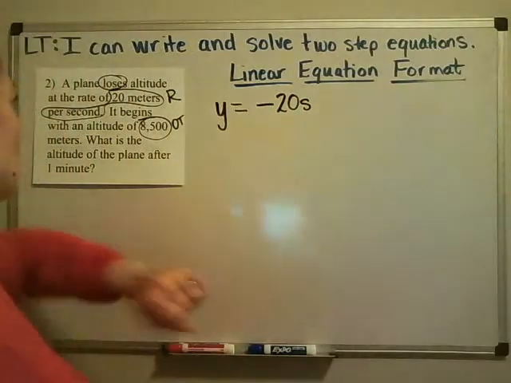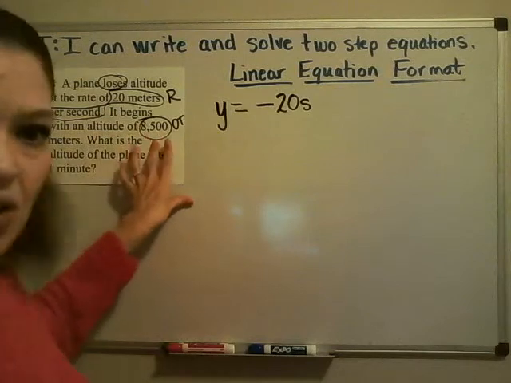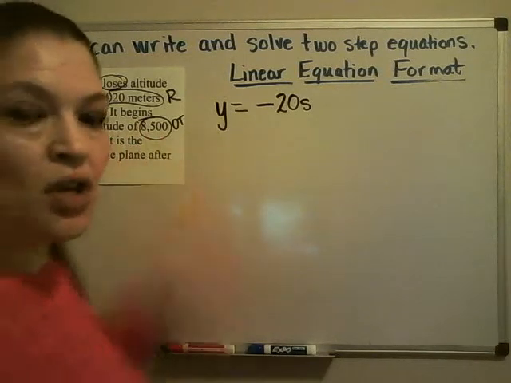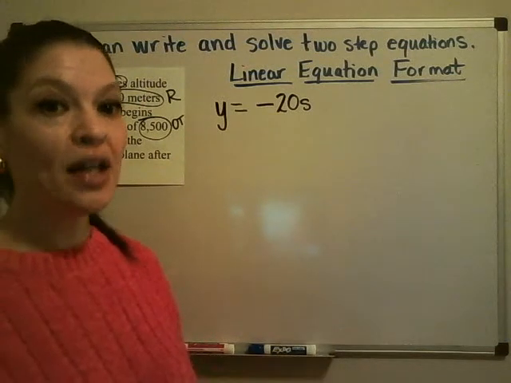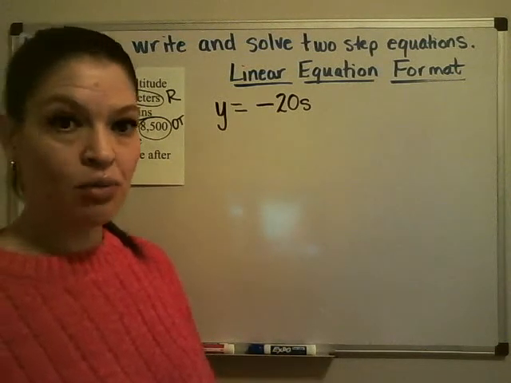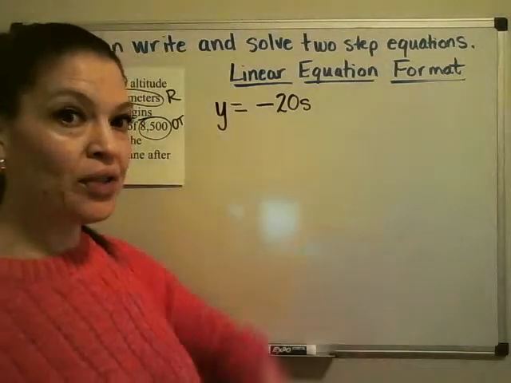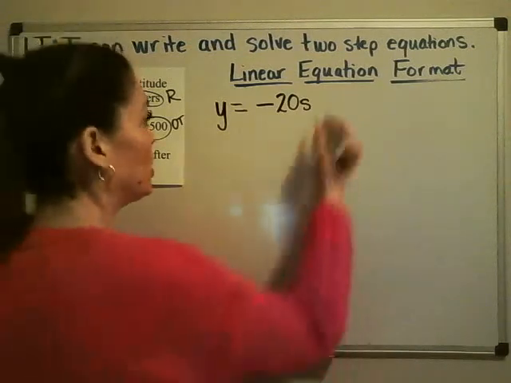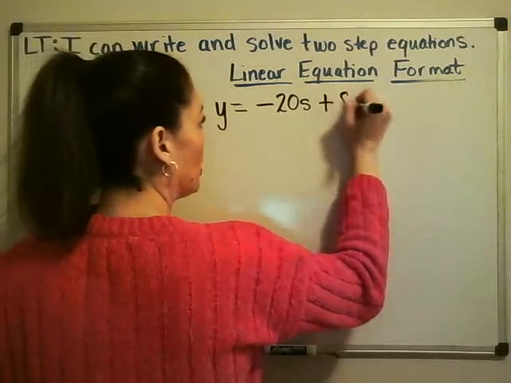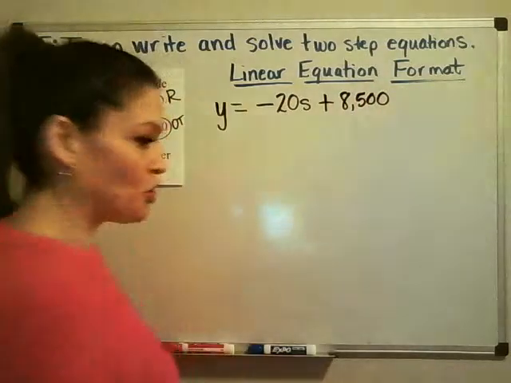So I'm going to go with S. And it begins with an altitude of 8,500 meters. So is that a positive 8,500 meters or a negative 8,500 meters? Because you're above ground, in the sky, on a vertical number line, that's going to be a positive 8,500.